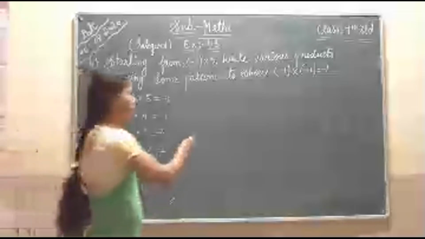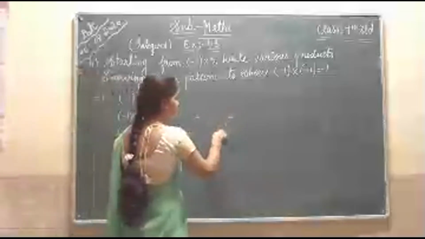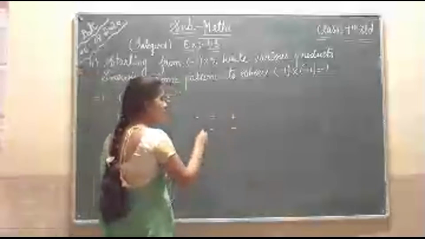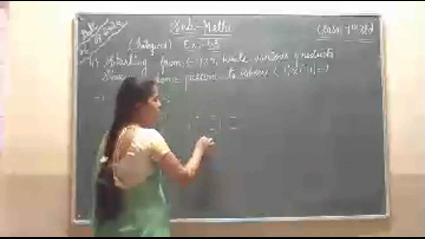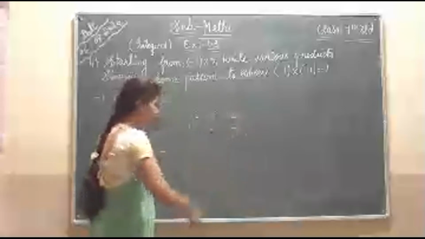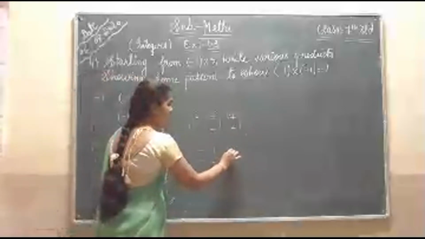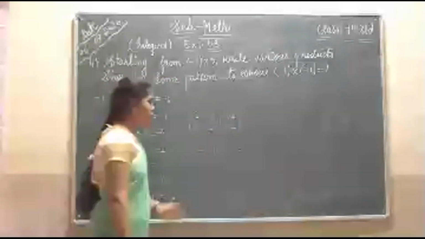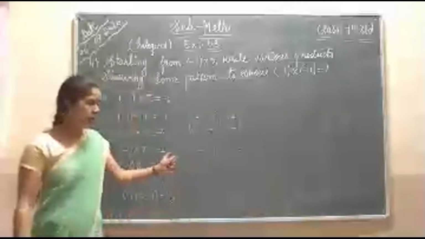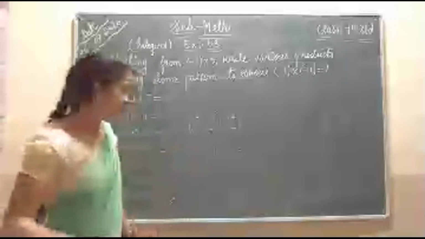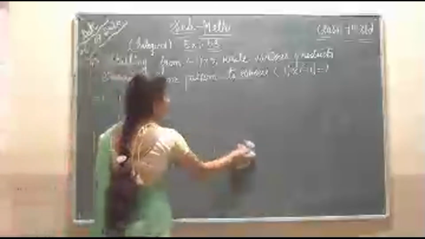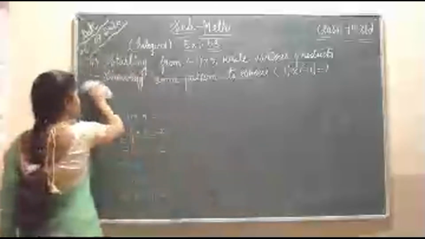Plus plus also plus, minus minus also plus. Two like signs always positive. Remember this. Two unlike signs always negative. Two unlike integers. Okay. Hope you understood. Let's come to our next question.